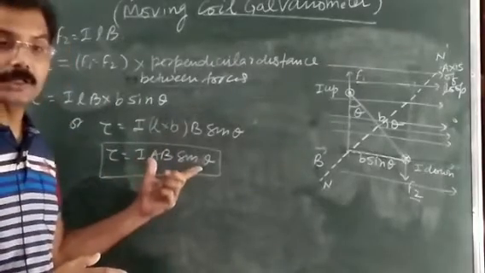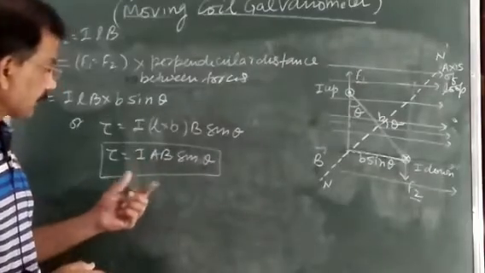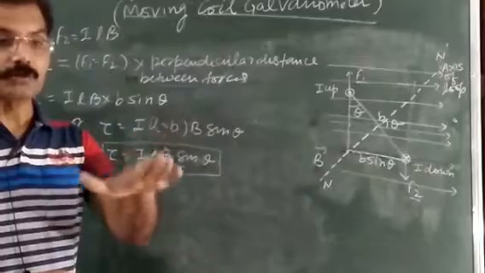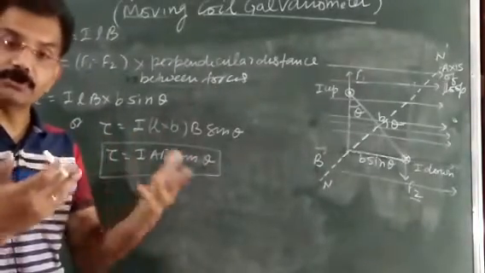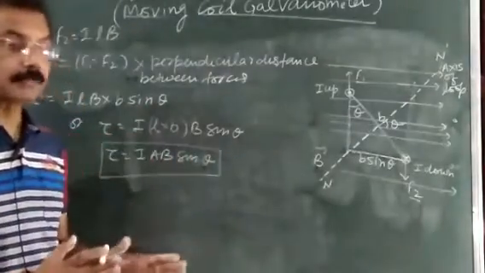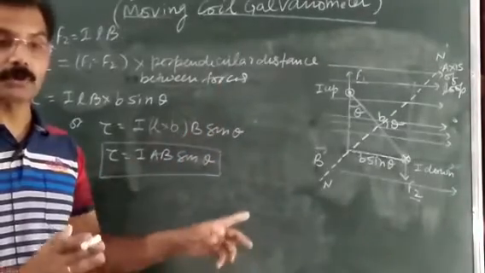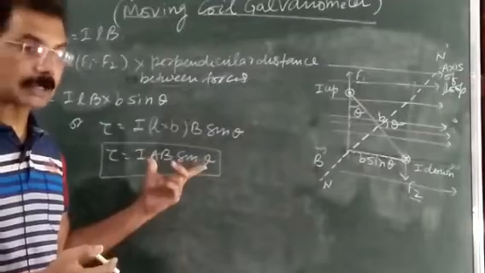Second thing here, if anybody asks you, a current carrying loop is placed in a uniform magnetic field, what is the net force acting on it? Your net force is 0. In this case, only a torque will act on it, because F3 and F4 will be equal and opposite, so they will cancel each other.